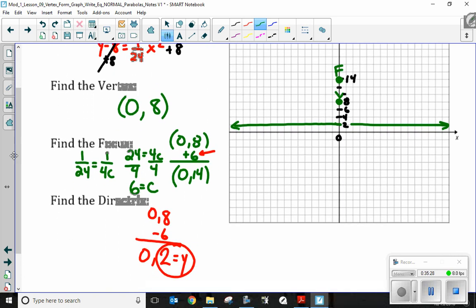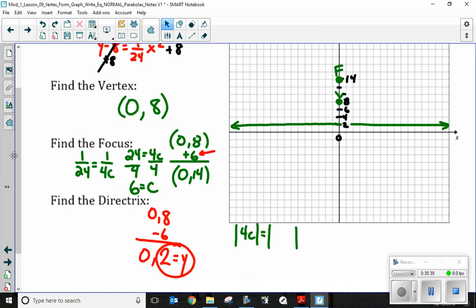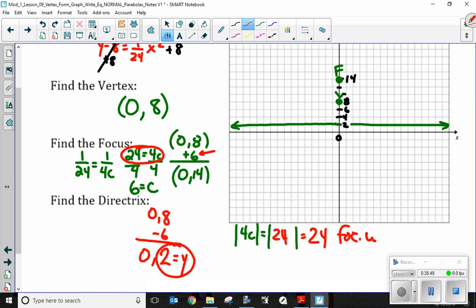So all I got to figure out is how wide is this parabola? Oh, good thing we know the absolute value of 4c is our focal width. And I know 4c equals what? 24. So the absolute value of 24 is 24, and that's our focal width. Which means I'm going to go 12 to the right and 12 to the left, because 12 and 12 is 24.